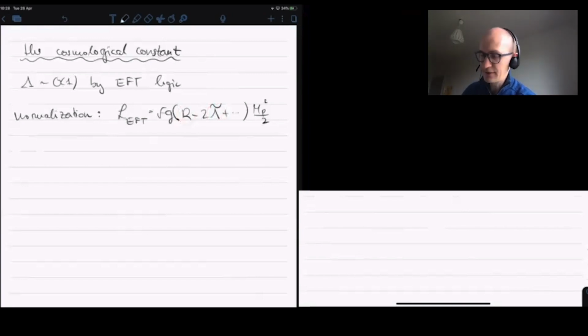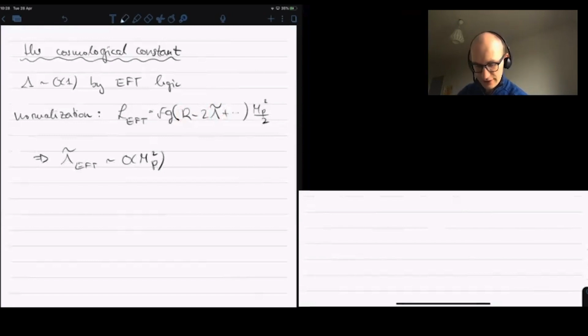So if lambda in natural units is order 1, then lambda tilde EFT is order M Planck squared, because you have to make up the difference in dimension, and the natural thing here is M Planck squared.